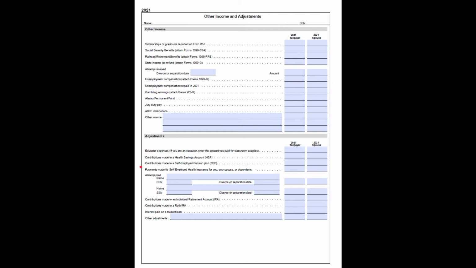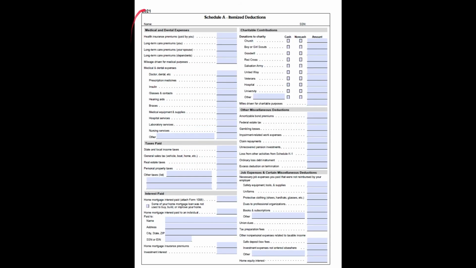This type of information is going to coincide with the Schedule C for your sole proprietorship if you have one. And then, of course, there are some other items here, such as alimony paid, any contributions to IRAs, Roth IRAs, and interest paid on a student loan.